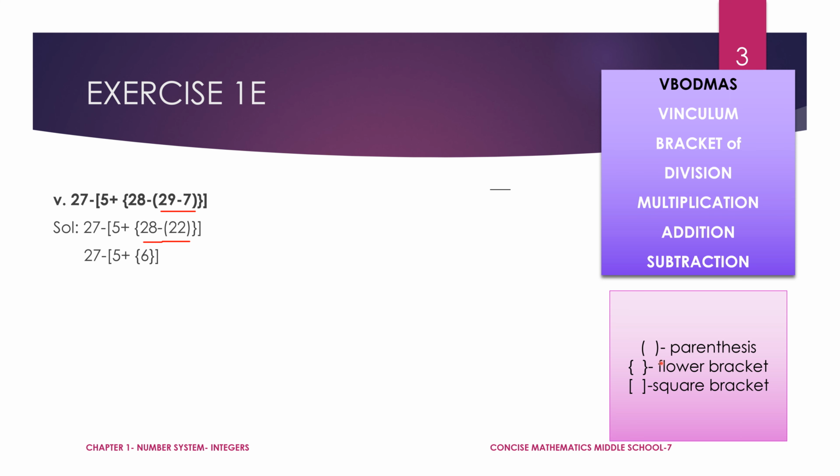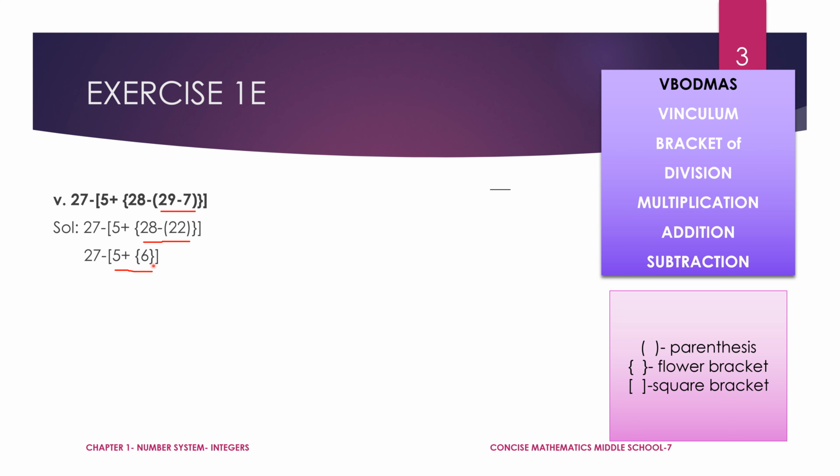Right? After these flower braces, you need to check for square braces. So do you have any numbers in square braces? Yes. 5 plus 6. So you need to solve this part first. Even in this square bracket, you need to check what you are having. Do you have any division? No. Multiplication? No. Addition?